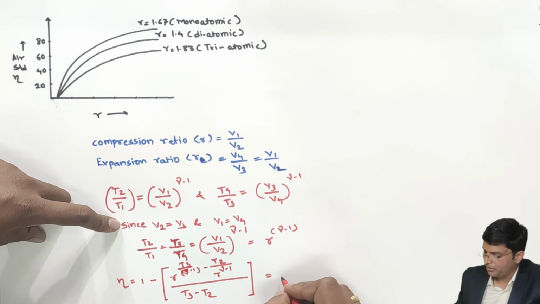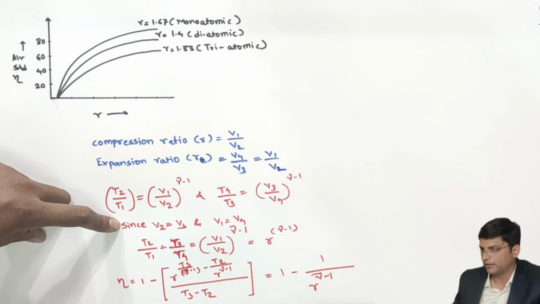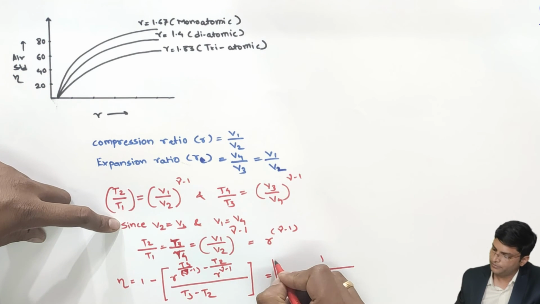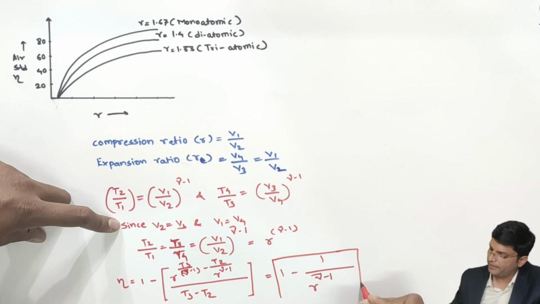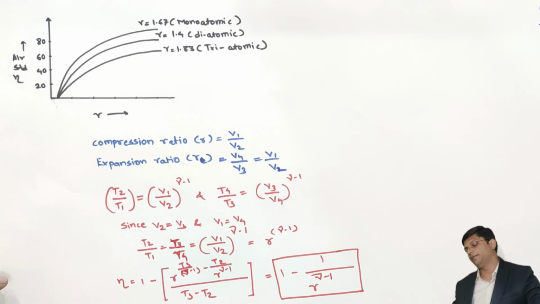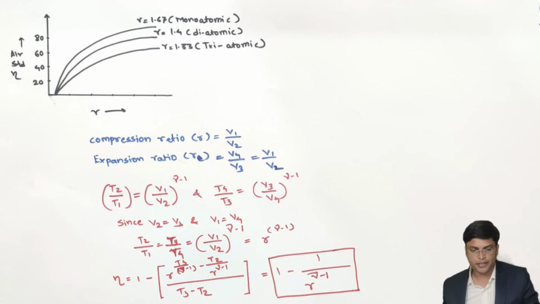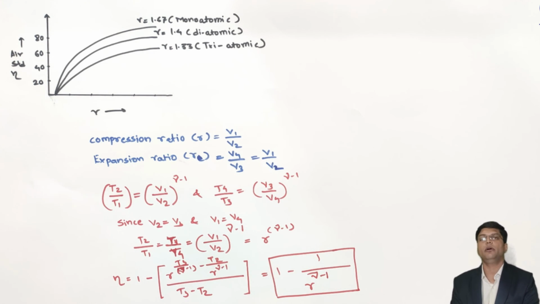Simplifying this equation gives 1 minus 1 upon r raised to gamma minus 1. This is the final formula for thermal efficiency of the Otto cycle. From this equation we can understand that the compression ratio is a very important factor, and by increasing the compression ratio we are able to get higher thermal efficiency.